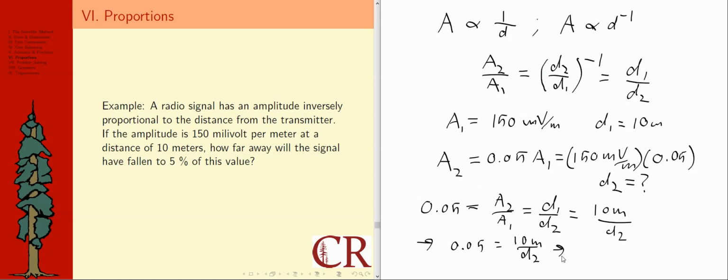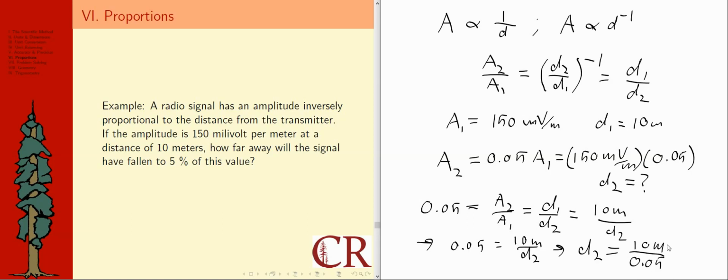I'm a little rusty with my algebra here, but I think if you multiply both sides by D2 and then divide by 0.05, I like to call that cross multiplication. I want to make sure I'm doing it correctly because everyone gets rusty with algebra once in a while. I'm running out of space, so I'm going to do those steps quickly. If you're not sure, you might check them to make sure that I did this correctly.